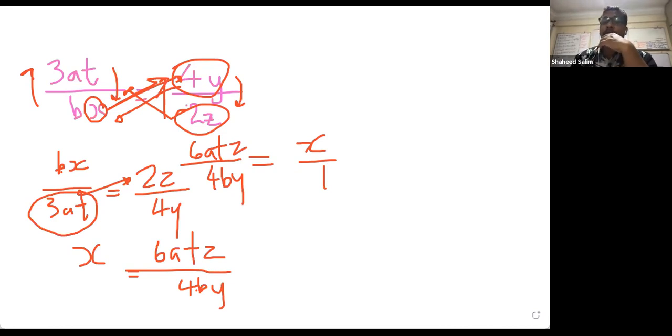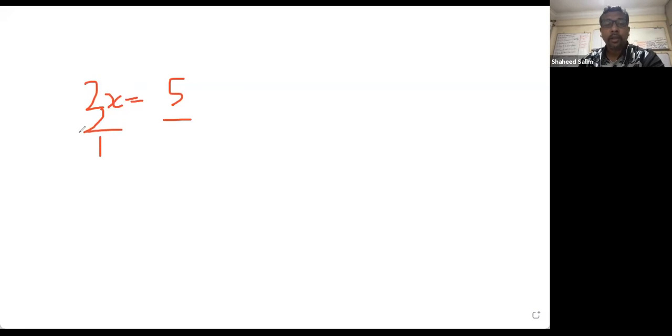Now, I want to show you something. You use this method, you can do things like this. Let's say 3x equals 5. You just put over 1. Watch, Ryan, watch. This 3, I push it down here. So x equals 5 over 3, finish. I don't need to divide. I play seesaw straight. Can you see that? I just push it down here.